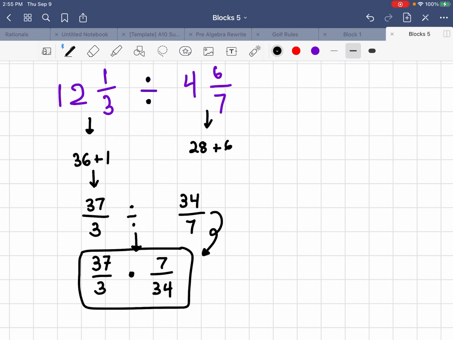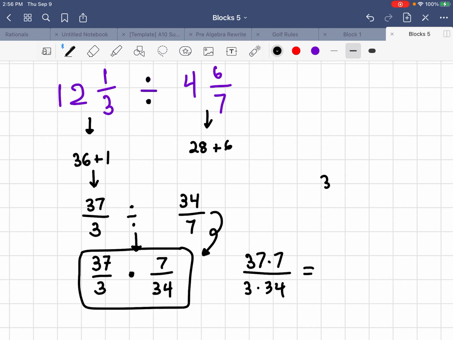I'm looking to see if there's anything that cross-reduces. Now, 37 is prime, and therefore 34 and 37 won't cross-reduce, and 3 doesn't go into 7. So nothing is going to cross-reduce, so I'm forced to multiply 37 by 7 and 3 times 34.